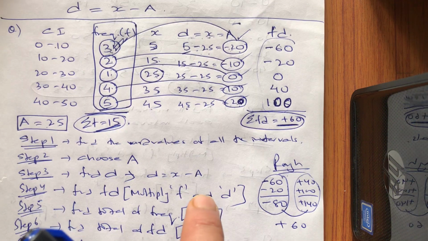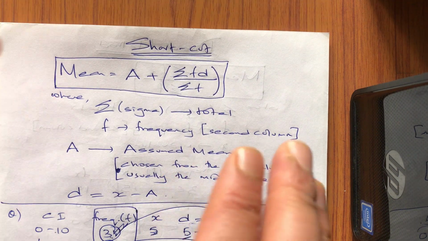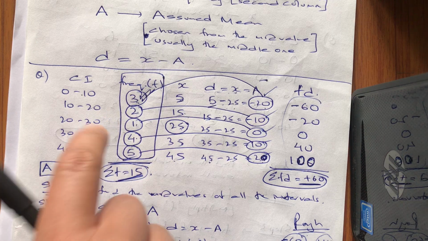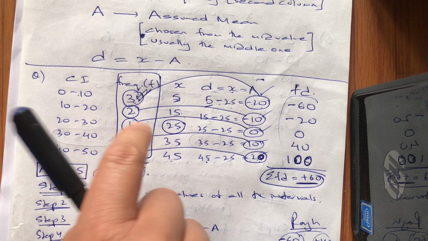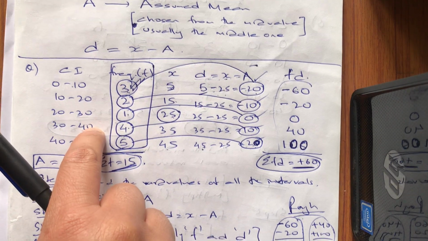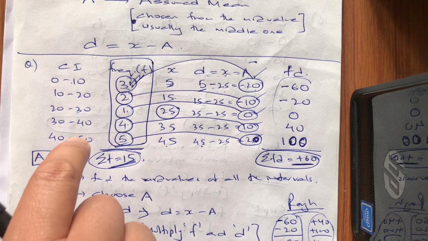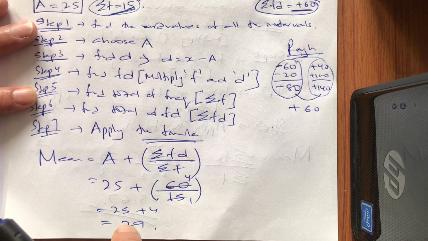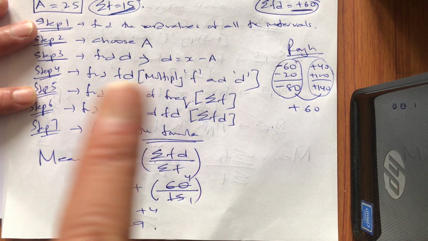Okay, and mind you, I said we have various methods. We had discussed the direct method in the previous tutorial. So whether you solve one question using shortcut, direct method, or the third method, step deviation, it doesn't matter whichever method you use. If you are solving the same question, whichever method you use, you will get the same answer. It's just that the method will be different.